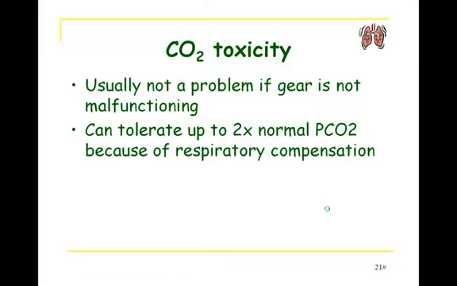We can usually tolerate up to certain levels of CO2 because we compensate with our respiratory system. So generally you see this mainly if someone has malfunctioning gear. So generally carbon dioxide toxicity is not a problem. So we don't really worry about that as much.